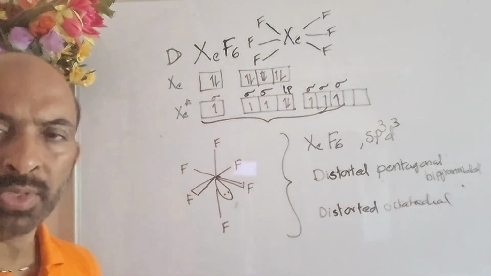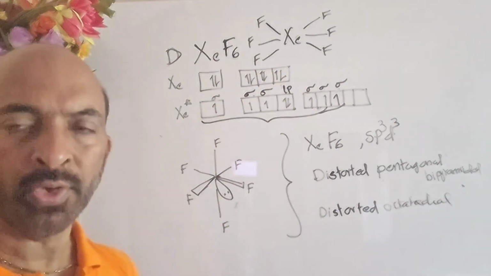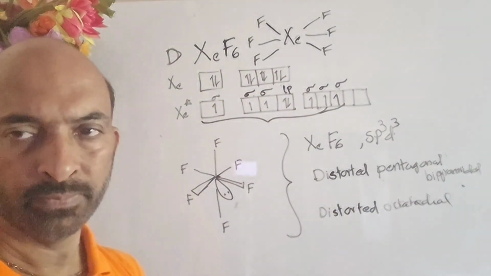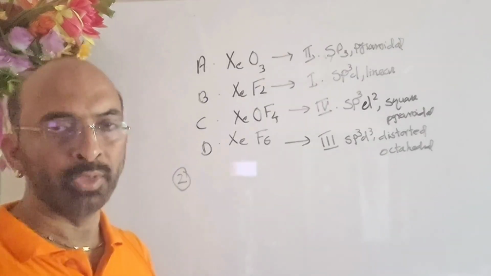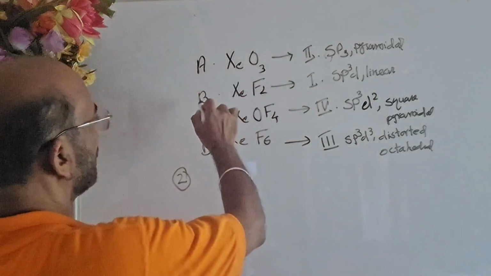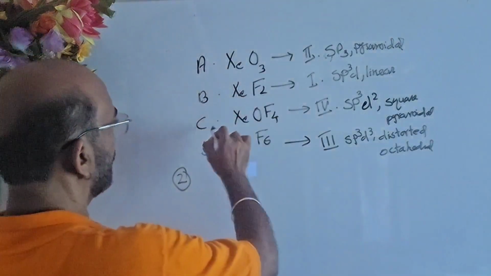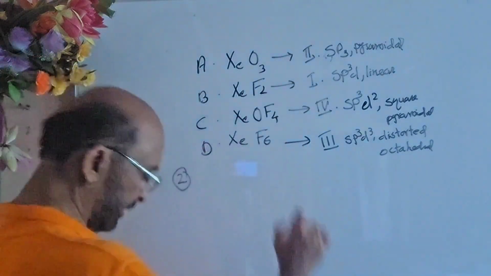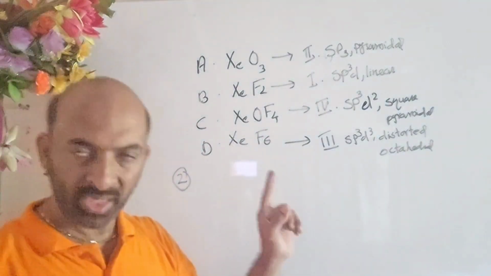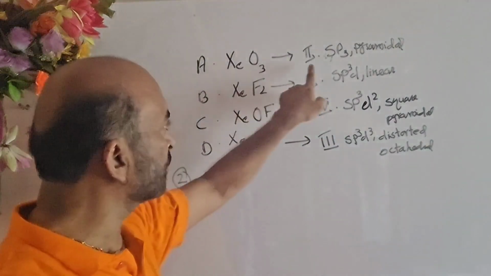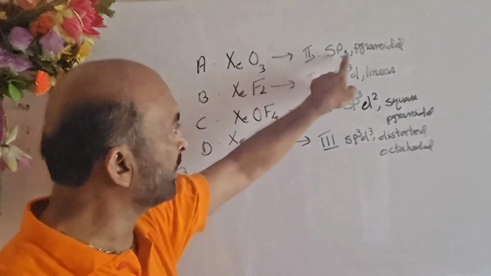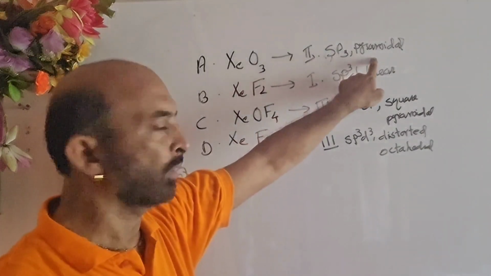Okay, so we have given the explanation for the whole. So now we conclude. Look here, with the four compounds given: XeO3, XeF2, XeOF4, XeF6, A, B, C, D, the correct matching: XeO3 to option 2, sp3 pyramidal.